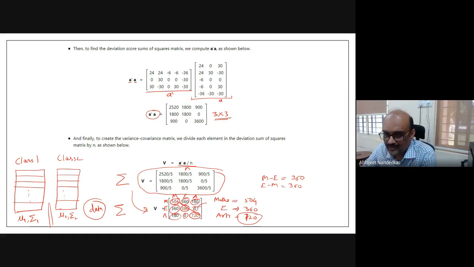So what 0 indicates here is that there is no relation between English and arts. Maths to English is 360, and maths to arts is 180. Like this we can see the relation between the variables.